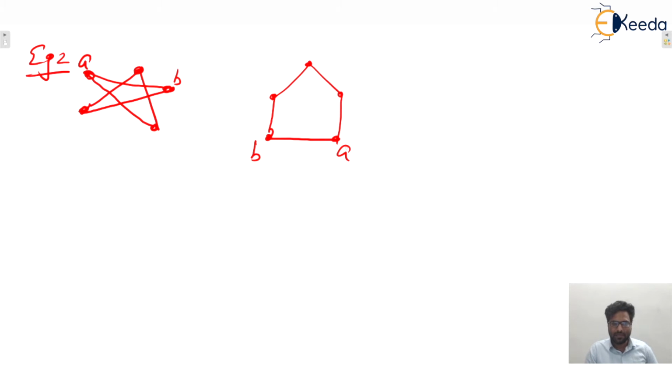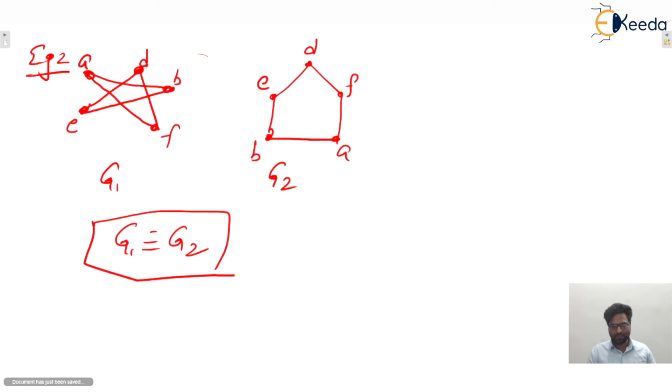Then this structure will be there or not? Let's say this is D, this is E, this is F. So here also G1 is isomorphic with G2. Both are exactly the same. Yes or no? Okay, I hope this one is clear to everyone.